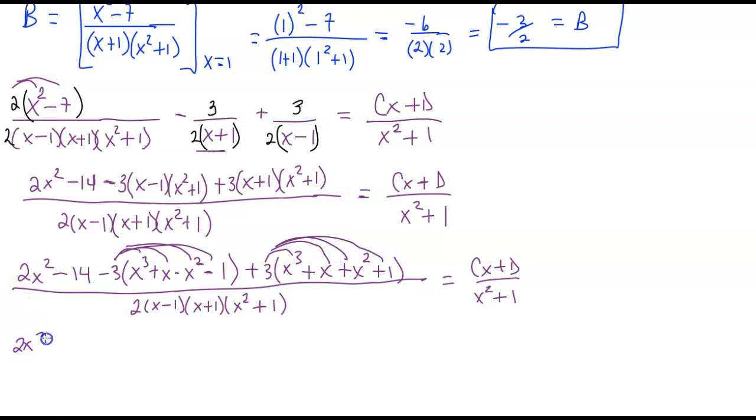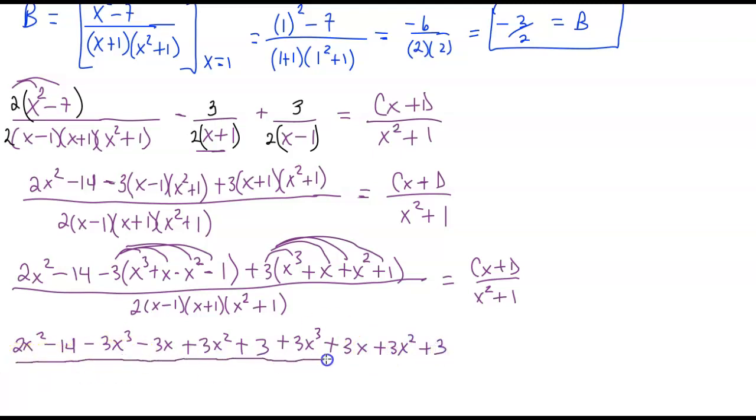So we'll get 2x squared minus 14 minus 3x cubed minus 3x plus 3x squared plus 3, and then plus 3x cubed, then plus 3x plus 3x squared plus 3. And all of that still divided by the same denominator here.